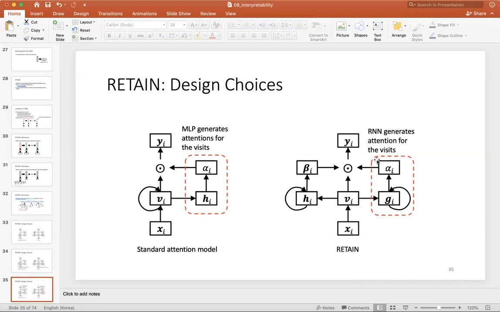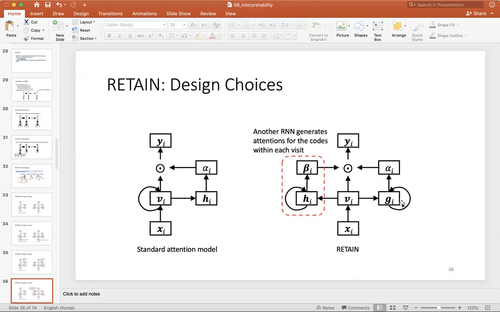And then there's an attention mechanism which is responsible for the first question, being which visit was important. Instead of using a feed-forward neural network, we use an RNN. So using an RNN, we generate the attention weights for the visit level attention. And then because there was the code level question, there's another separate RNN that generates the attention weights for the code level attention.